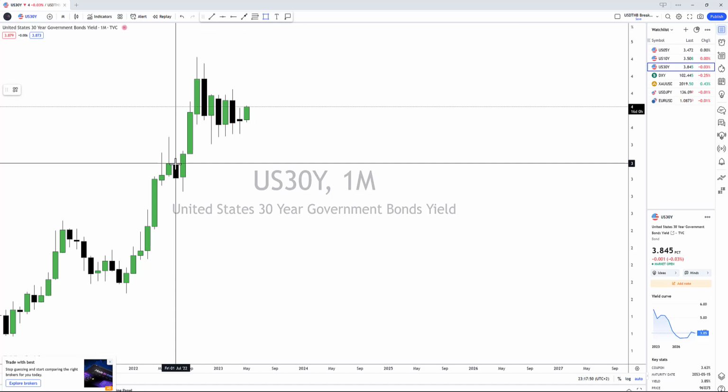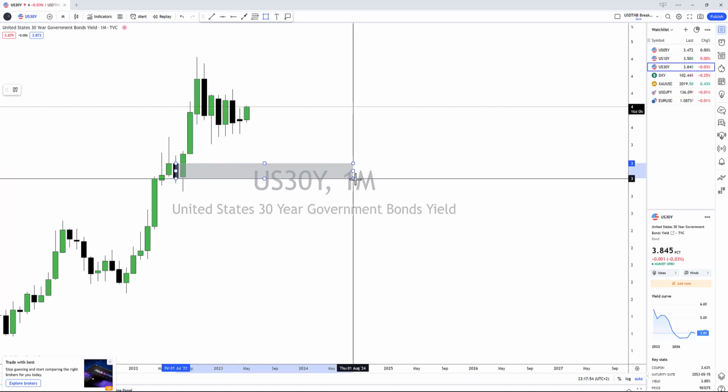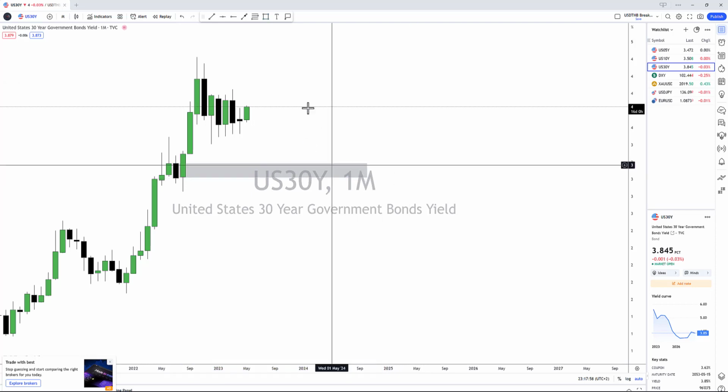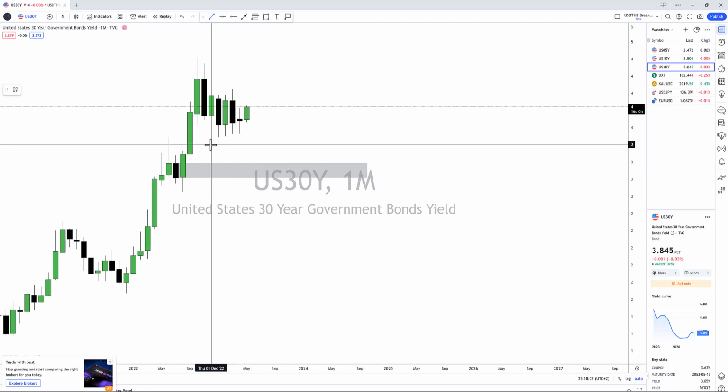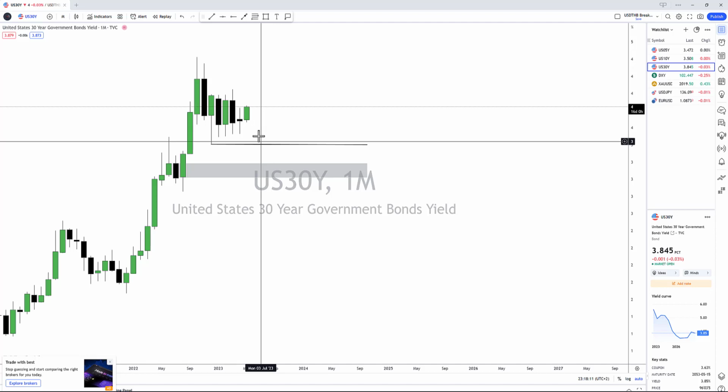A bearish move, what does that result in terms of currencies? Remember, money seeks yield. I would expect the US dollar to trade to the downside.